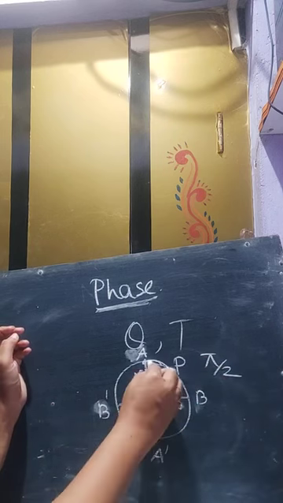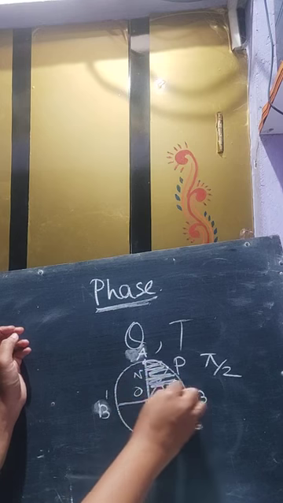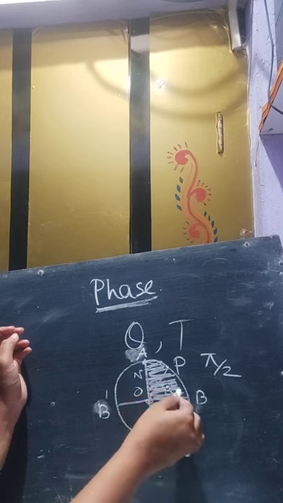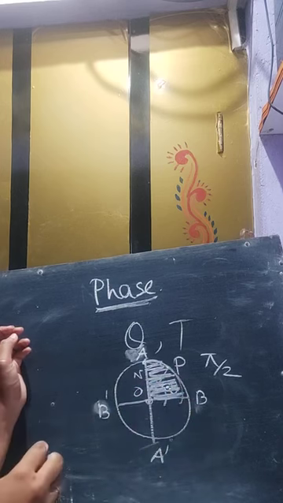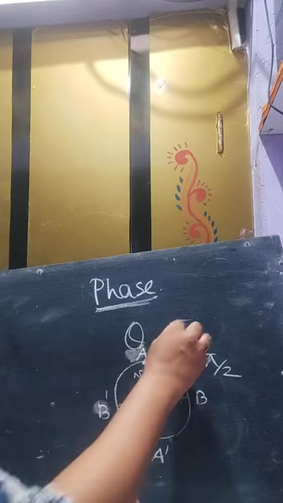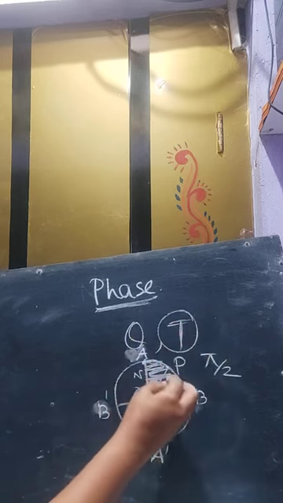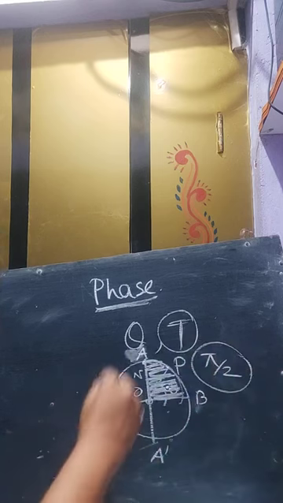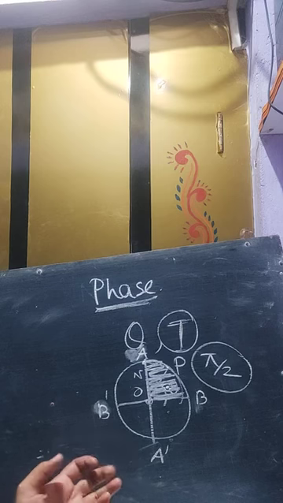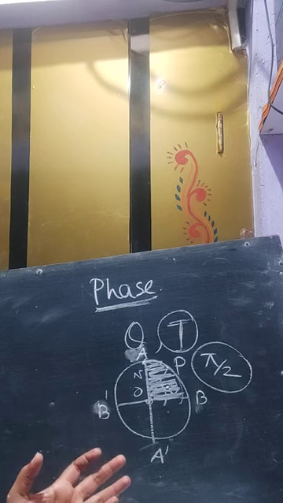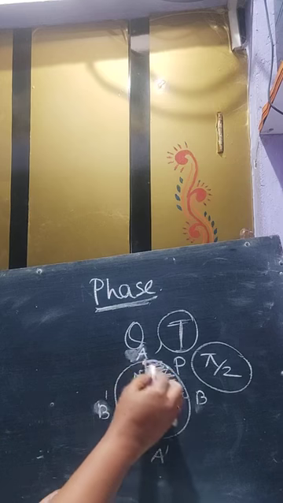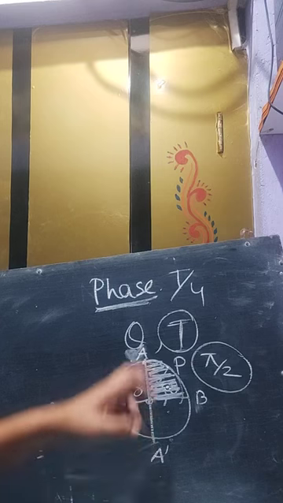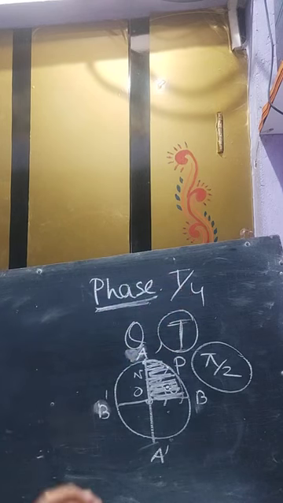Why pi by 2? Look, this is the first quadrant. Total is 2 pi, so this is just pi by 2, right? In terms of T, as it covers 1/4 of this circle, the phase will be T by 4.